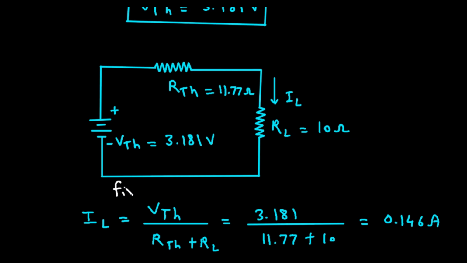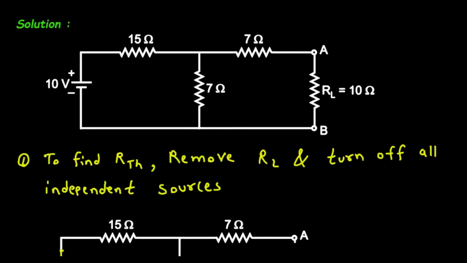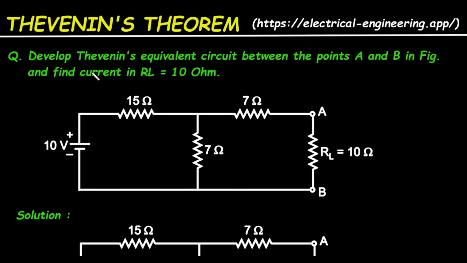So here we can write figure: Thevenin's equivalent circuit. Now what we have to find in this question is Thevenin's equivalent circuit and current.